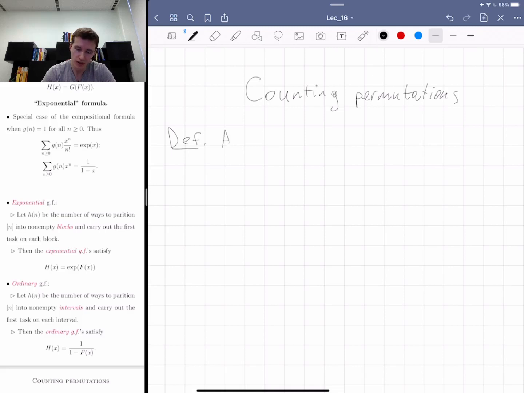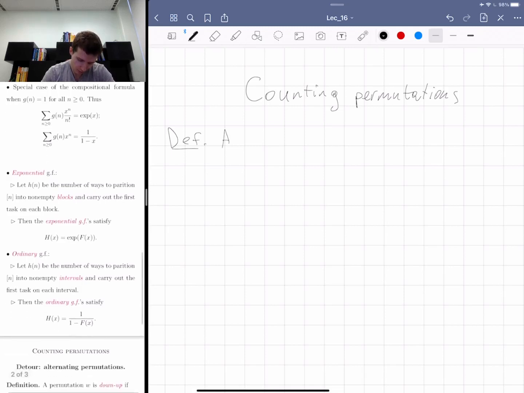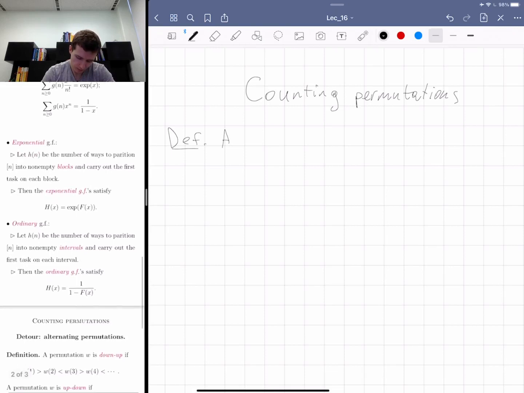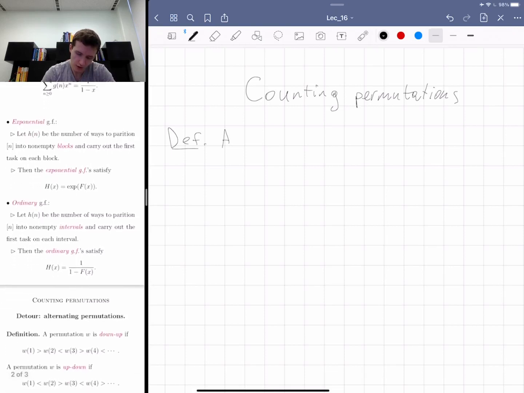A permutation W is down-up if it satisfies W of 1 is bigger than W of 2, less than W of 3, bigger than W of 4, etc.